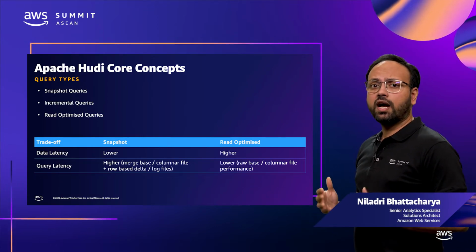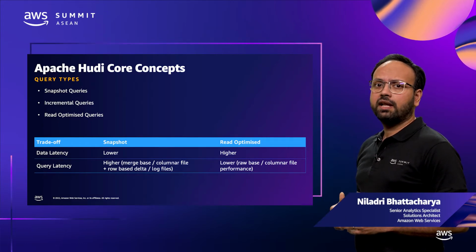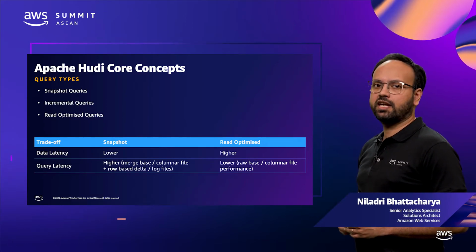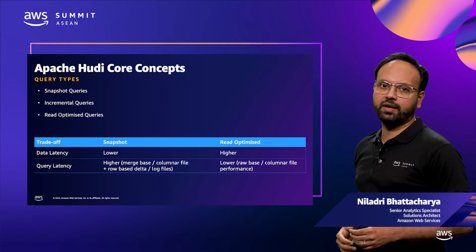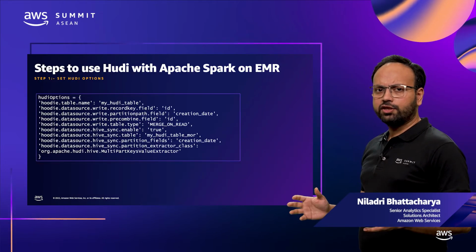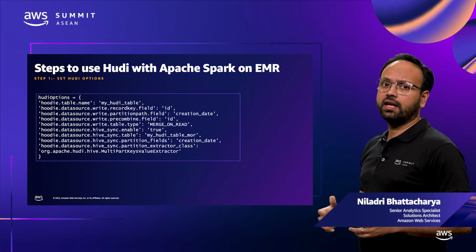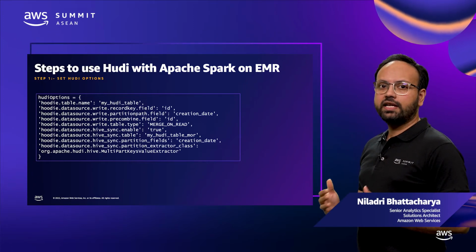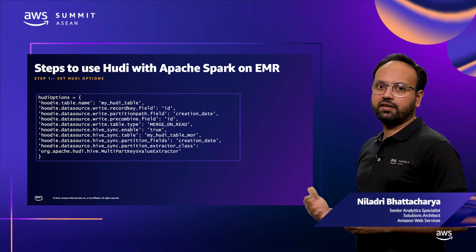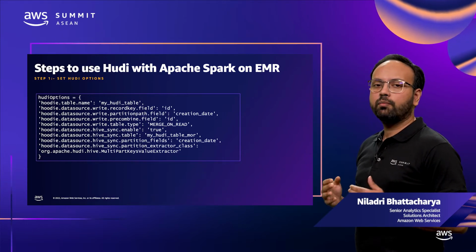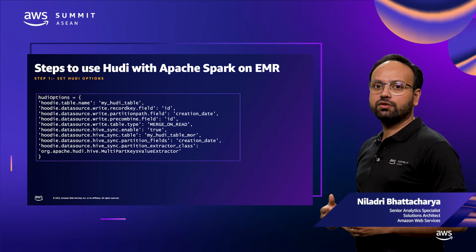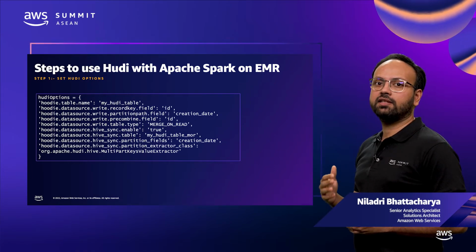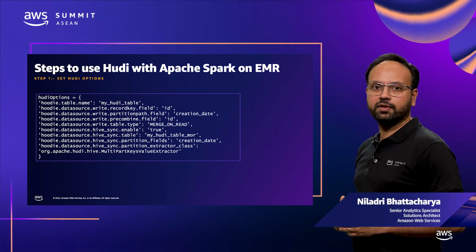Okay, now that we understand the core concepts, let's look at the 4 easy steps to integrate HUDI in your pipeline. Let's imagine you are writing a HUDI dataset using Apache Spark. So step 1, each time you write a data frame to a HUDI dataset, you must specify data source write options in the single HUDI options variable.